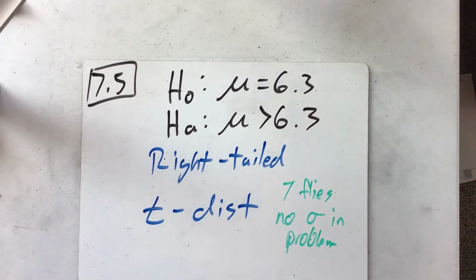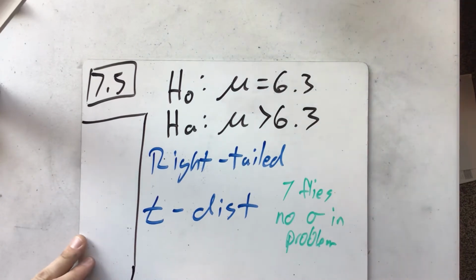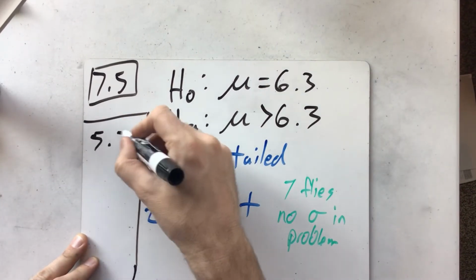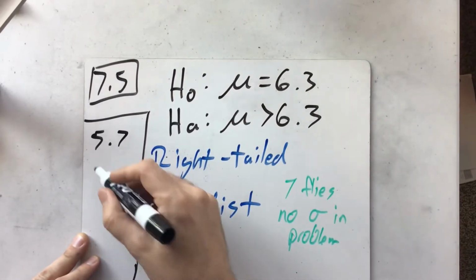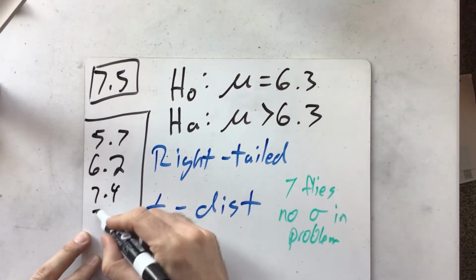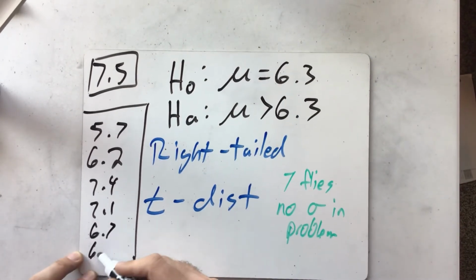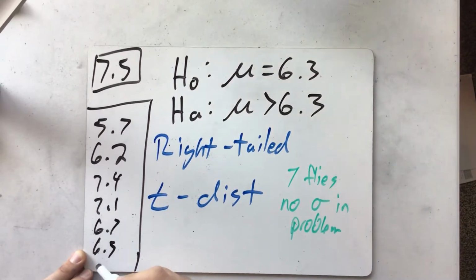Okay, so what we need to do now is go calculate s and x bar for this problem. So you need to grab either your calculator or Excel or some other way of computing this and take these values, our 5.7, our 6.2, 7.4, 7.1, 6.7, 6.5, and 6.2.